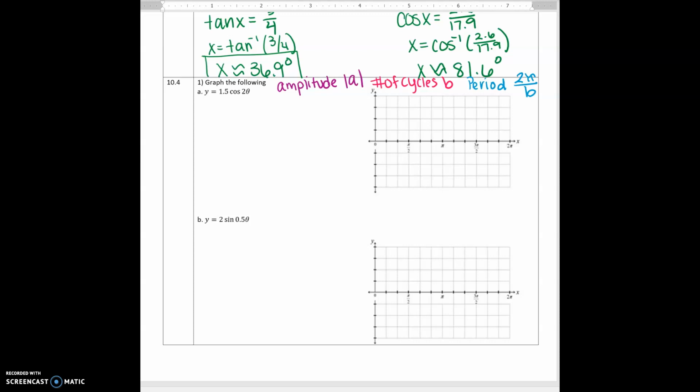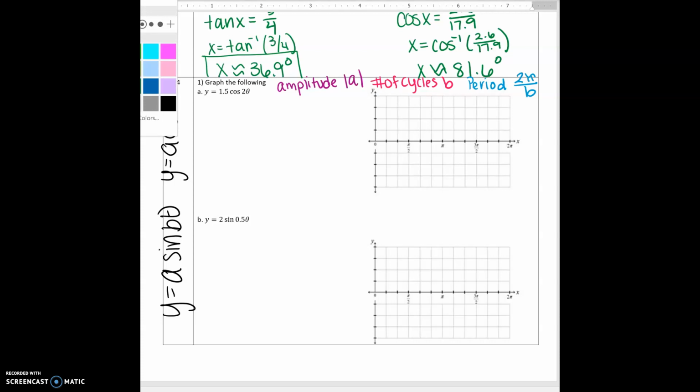And just another reminder that when you're doing this, the A is in front of the sine and B is in front of the theta, and it's the same for cosine. So let's go ahead and do these. So finding the amplitude right here, y equals 1.5 cosine 2 theta.